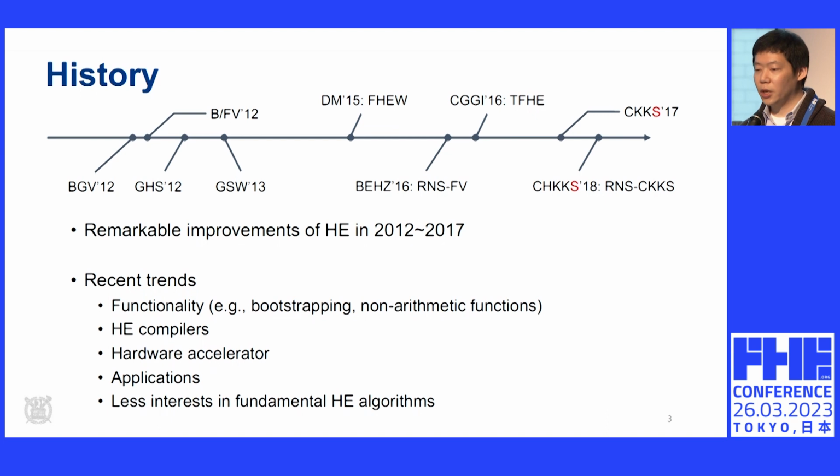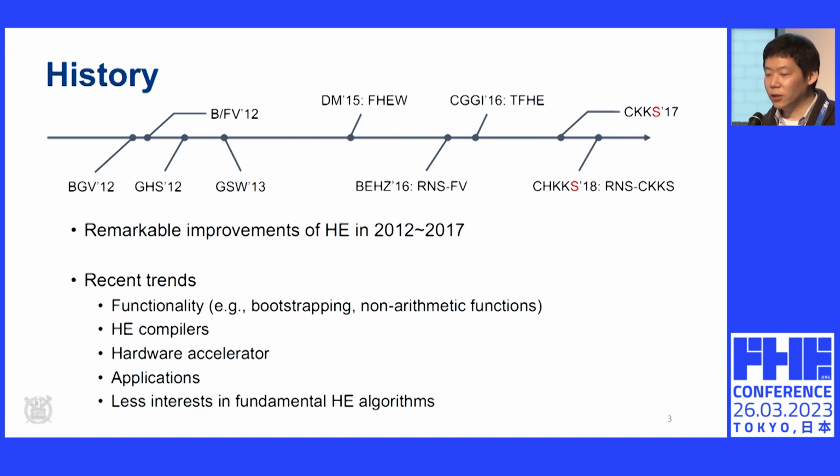the full RNS FV scheme in 2016, where they designed a variant of FV working in the RNS representation without high precision arithmetic. But nowadays, some recent research tends to focus on other aspects, like improving the functionality of homomorphic encryption, or improving the usability of HE by designing compilers, or coming up with new hardware optimized for HE, and so on and so forth.